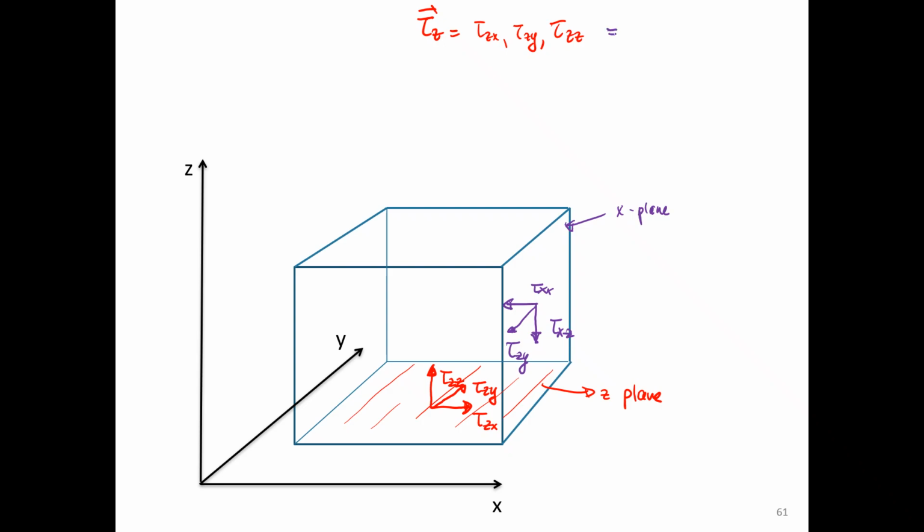Again, this describes momentum transfer across the plane, and my tau xx, tau xy, tau xz.